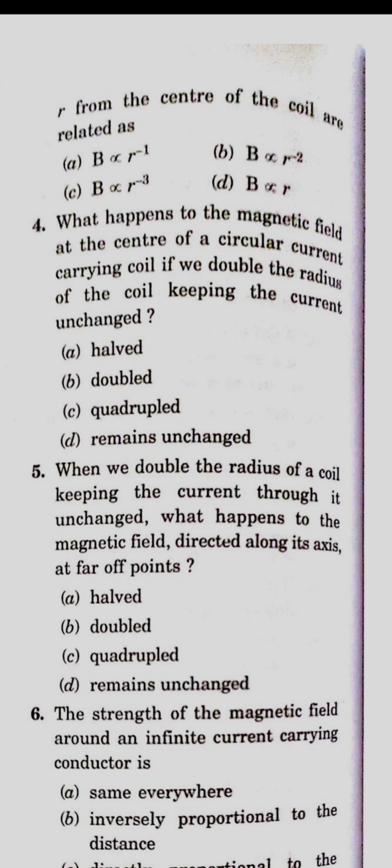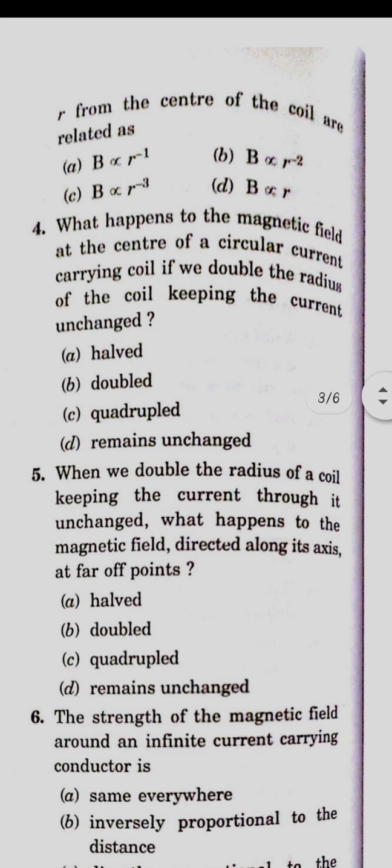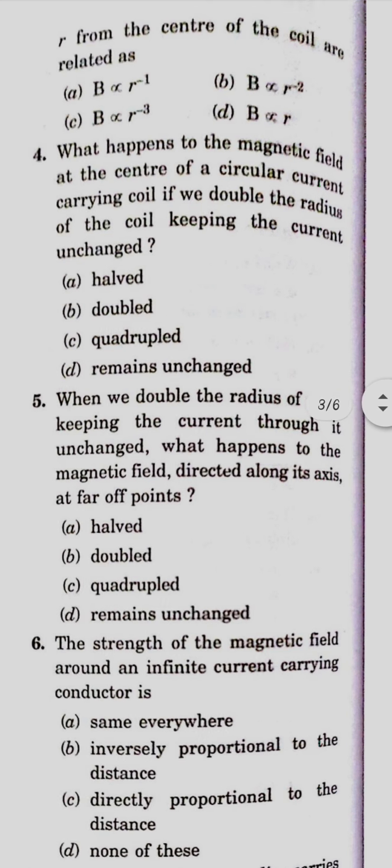By keeping the current unchanged, the magnetic field will be halved, because it is inversely proportional to the radius. So the value will be halved. If the radius is doubled, the magnetic field will be halved.